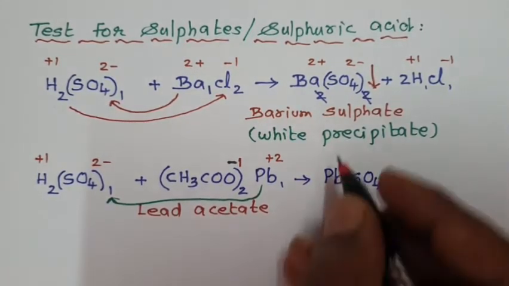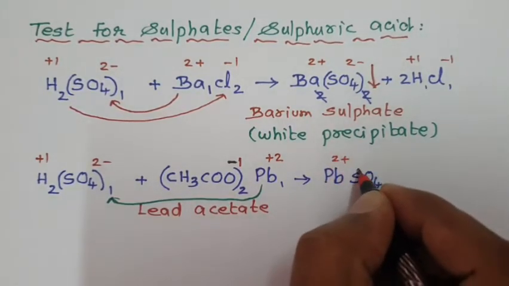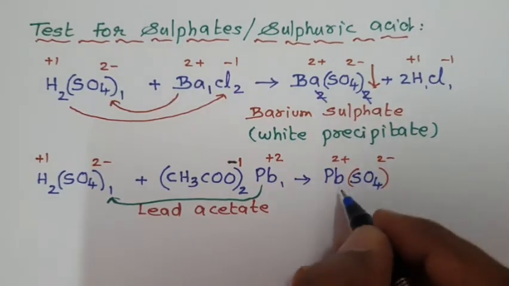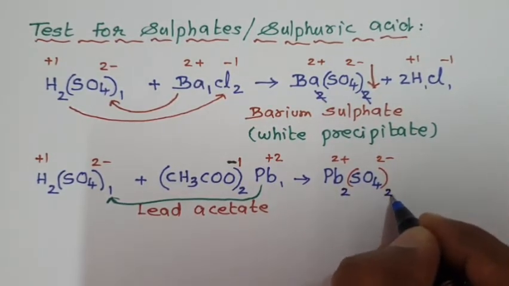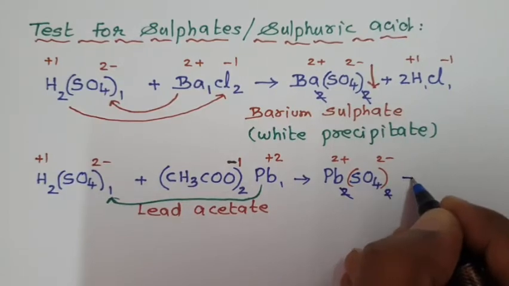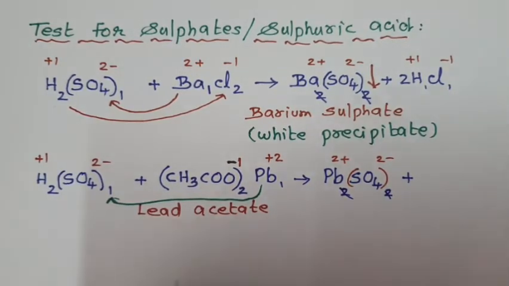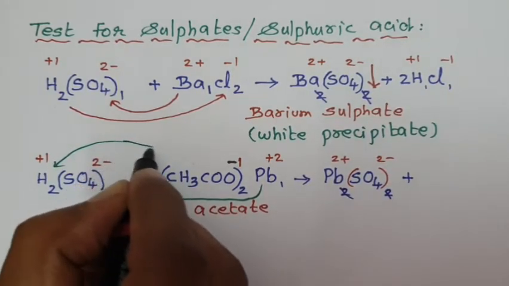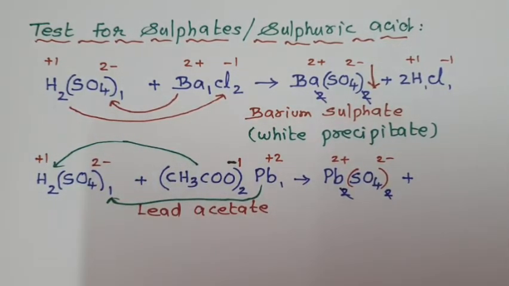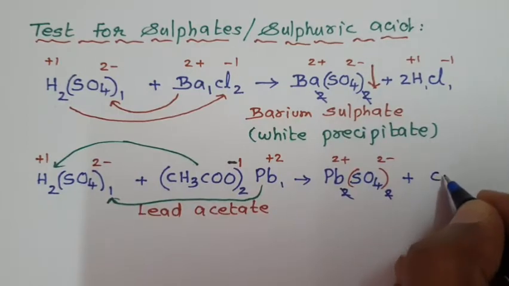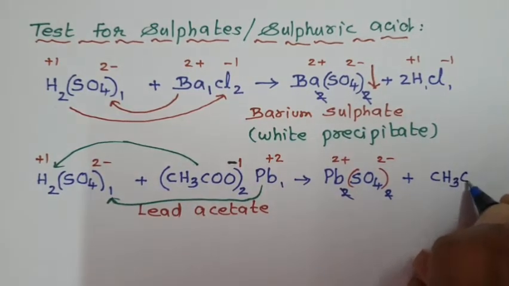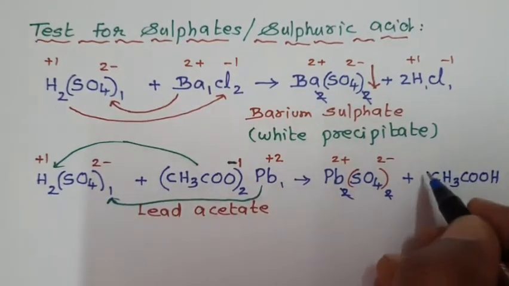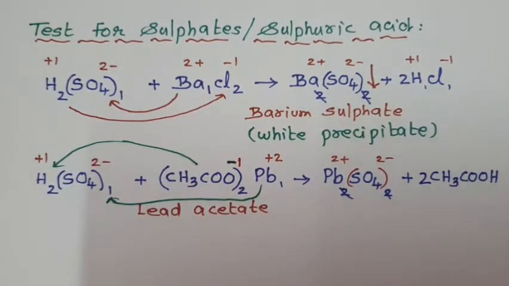Lead is a 2+ ion, sulfate is a 2- ion. When we write in crisscross, the 2s get cancelled. Again this minus combines with this plus: acetate minus combines with H plus to form acetic acid CH3COOH. 2 acetate, 2 hydrogen.